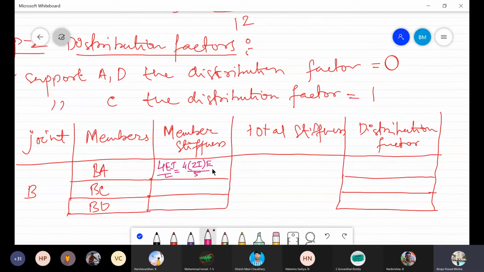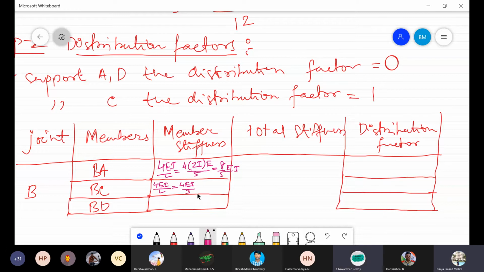Okay. So it is 8 by 5 EI. Okay. So similarly for BC, it is 4 EI divided by L, this is I, and L is 3 meters.